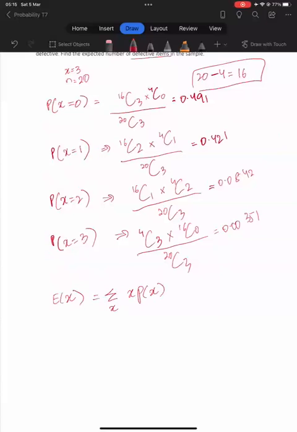So here we have 0.491, the probability of x being 0, so when we multiply by 0 it will just be 0, plus 0.421 multiplied by 1, which would be 0.421, then 0.0842, the probability of x being 2, so 2 into 0.0842, and then finally 0.00351, the probability x is 3, so 3 into 0.00351, and we add these up and it should come out to be around .